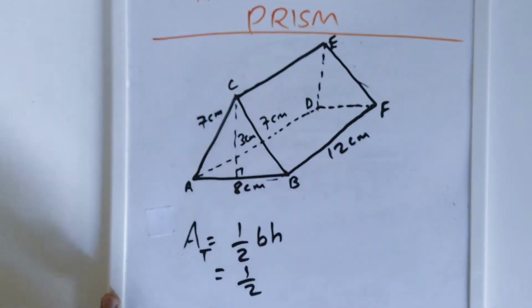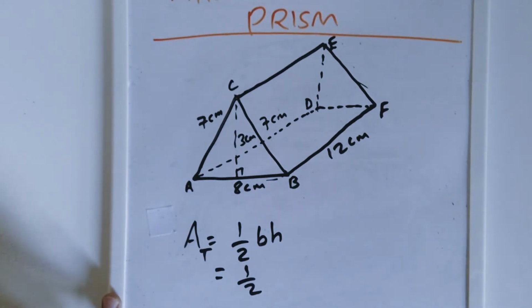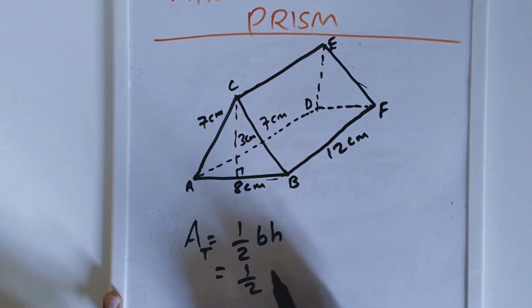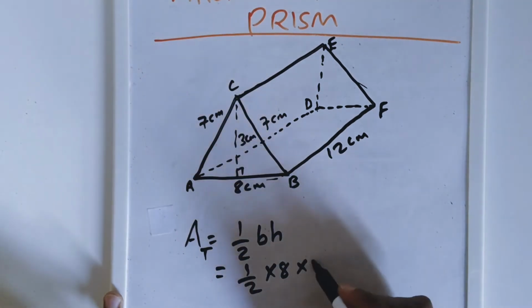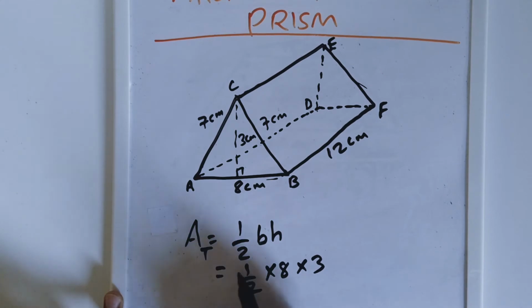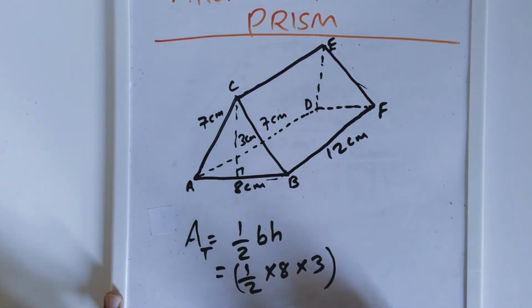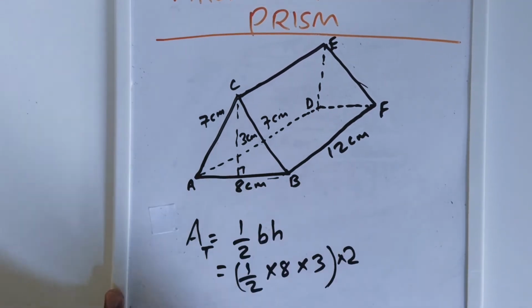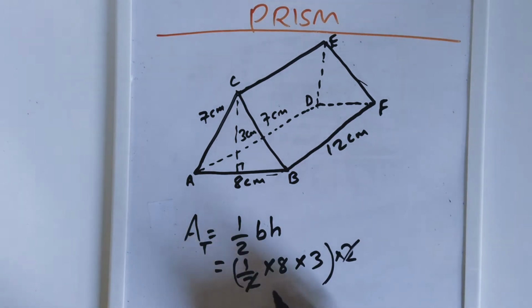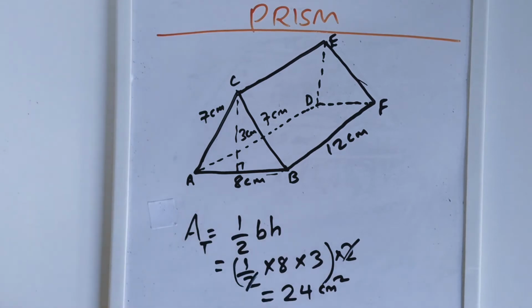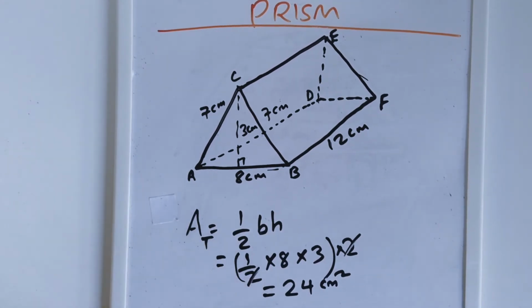The base of these two triangles is 8 centimeters multiplied by the height, which is given as 3, but because there are two triangles, you multiply by 2. So you simplify this, that 2 will cancel. This will give me 24 centimeters squared. So that is the area of the two triangles.